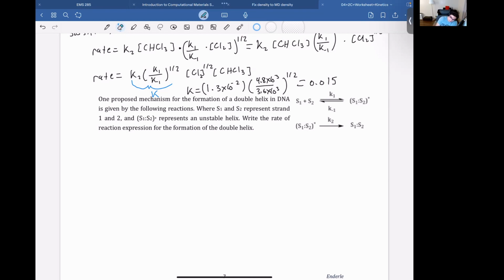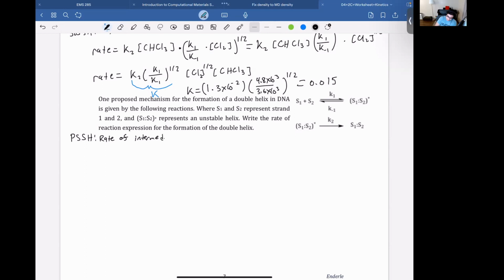However, what we can do is use the pseudo steady state hypothesis, where the rate of the intermediate, or actually, let's make it general.